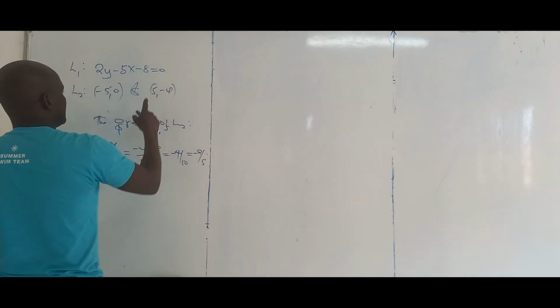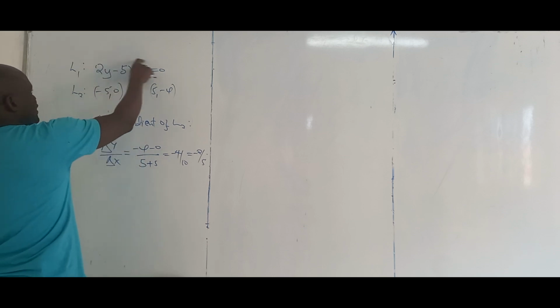That's the gradient of this line. But then let's see what the gradient of the other line looks like.